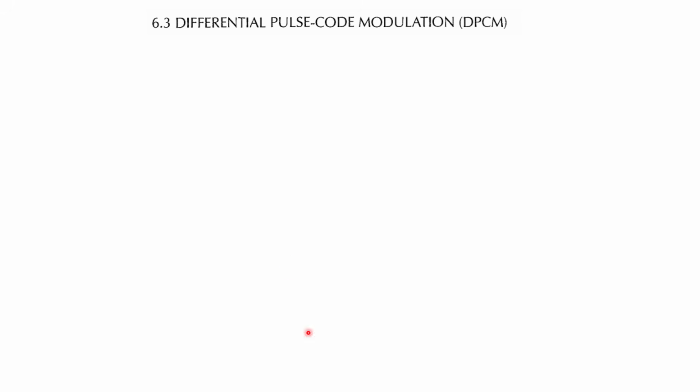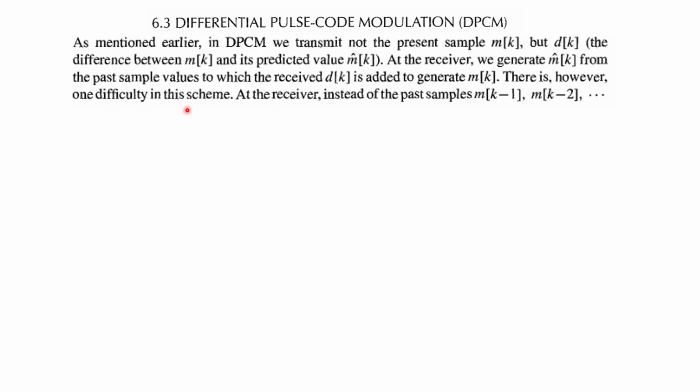So DPCM stands for differential pulse code modulation. In DPCM we transmit not the present value, that is m k, but d k. d k is the difference between m k and its predicted value, right? At the receiver we generate m k from past sample values, and the received d k is added to the generated one.